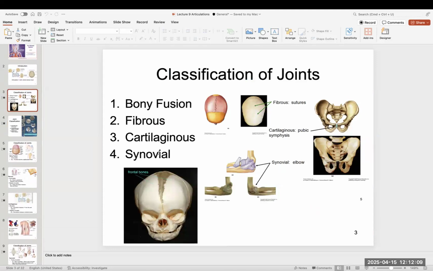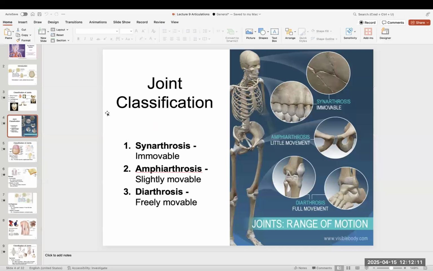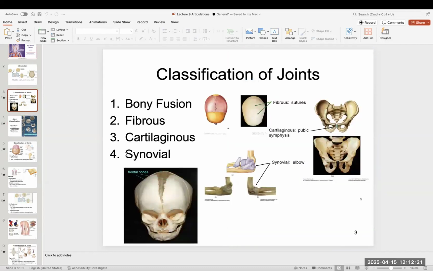We're working on synovial right now. Then we had the movement classification, with 3 types: synarthrosis, amphiarthrosis, and diarthrosis. Right now we are covering the structural classification, which is synovial.